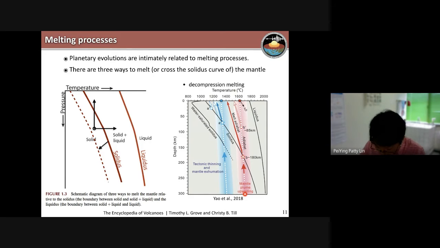If I have something hot moving up from the deep Earth or deep planet, moving up lowers its pressure. Once it lowers to some depth, it will start to partially melt. This is something we see on the surface all the time. Most of the basalt at the mid-ocean ridge was generated by this mechanism.